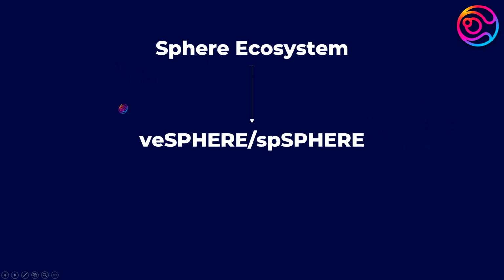But with spSPHERE v3, ecosystem earnings will expand to include blue chip tokens and will be distributed to veSPHERE and spSPHERE holders. Rather than being a single stake system like spSPHERE Games, both veSPHERE and spSPHERE will require users to either vote lock or liquid stake a spSPHERE LP that is weighted 80-20, where 80% is spSPHERE and 20% is another token.